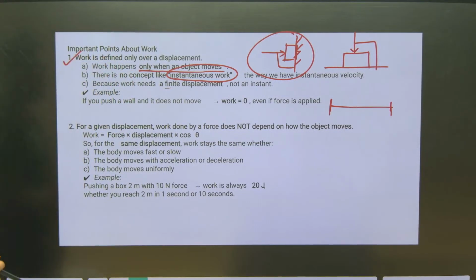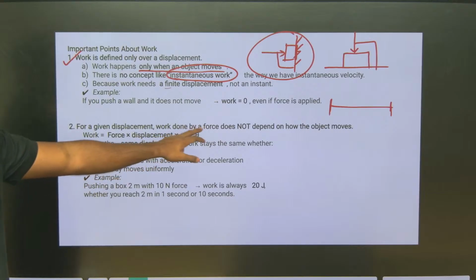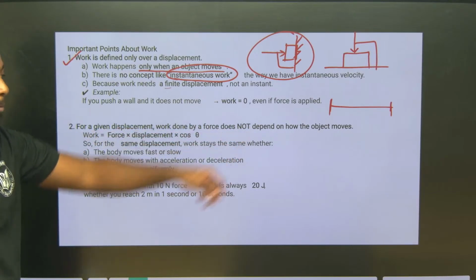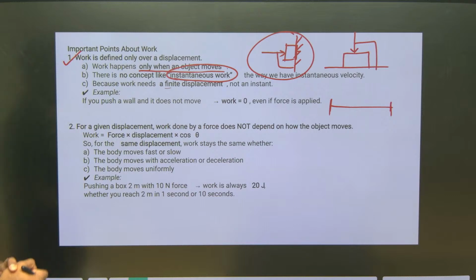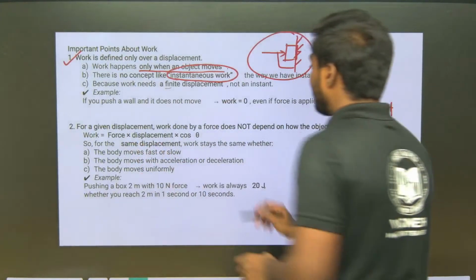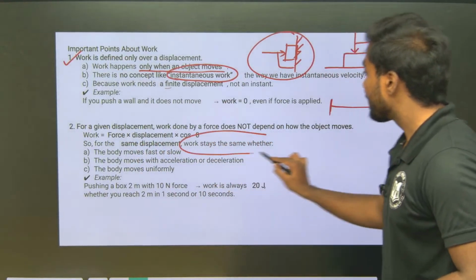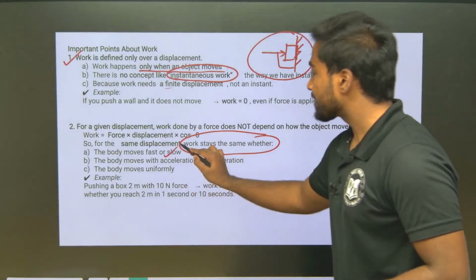The second point is, for a given displacement, work done by a force does not depend on how fast the object has moved. For the same displacement, work stays the same whether the object moves fast or slow.